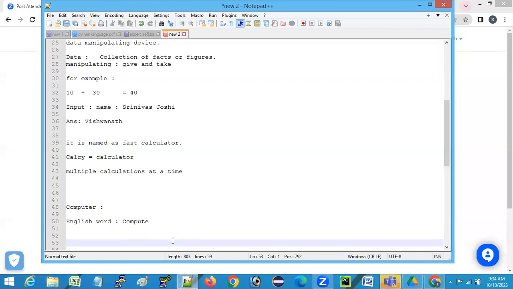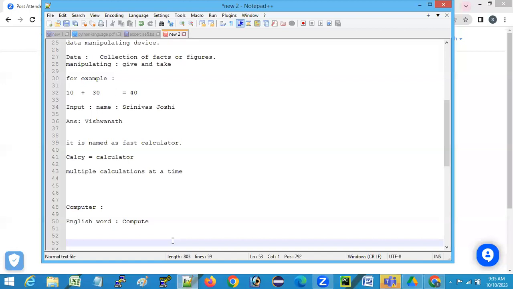Suppose you have given the wrong input and you are expecting some other output, then we are not going to get it, because you have input the wrong data. That is not the fault or mistake of your computer. That is a mistake done by the user.